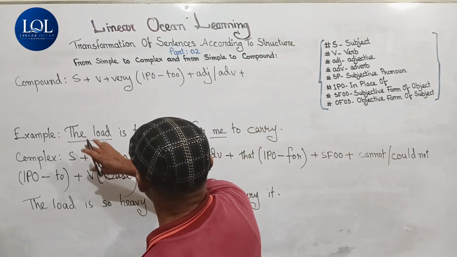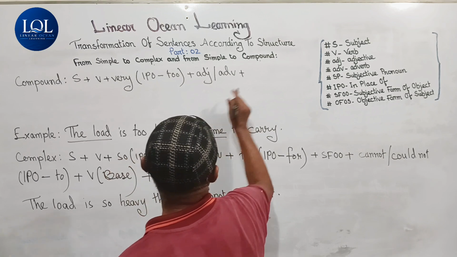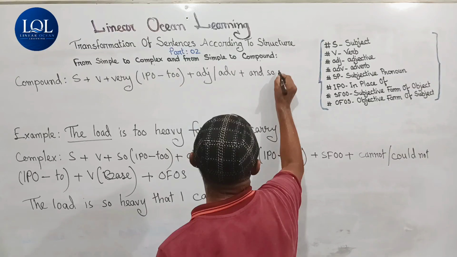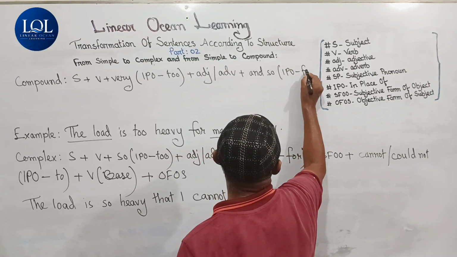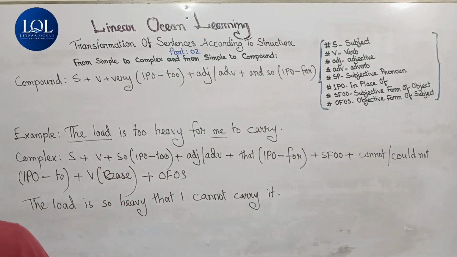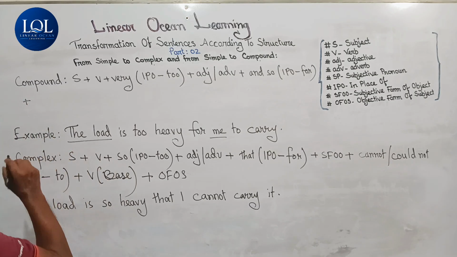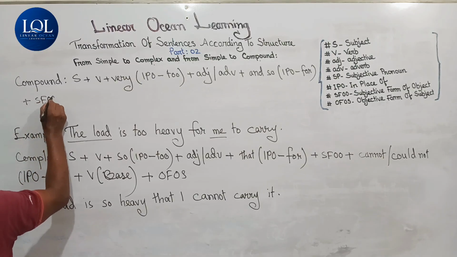The load is very heavy, and so, IPO (for): in place of "for" we have to write "and so", plus the subjective form of the object.